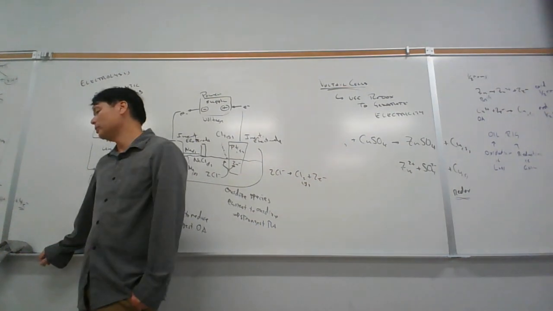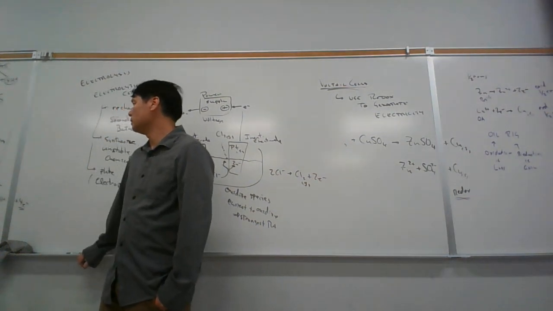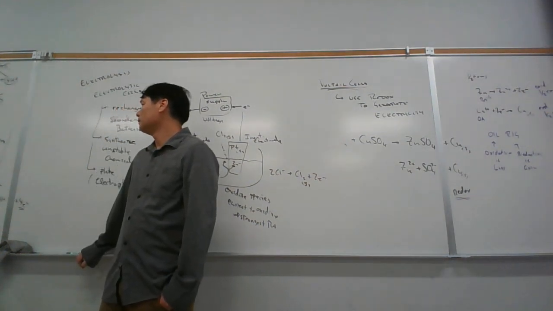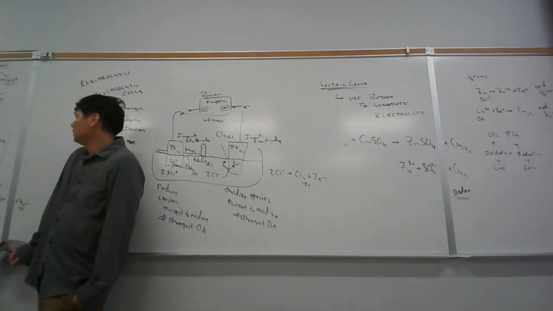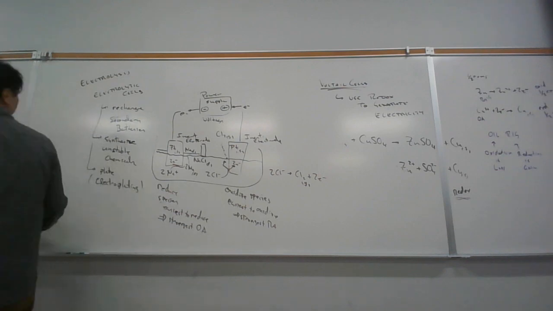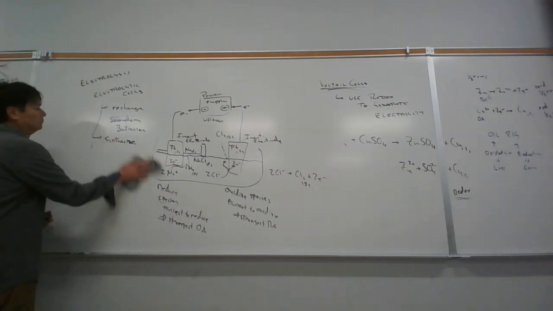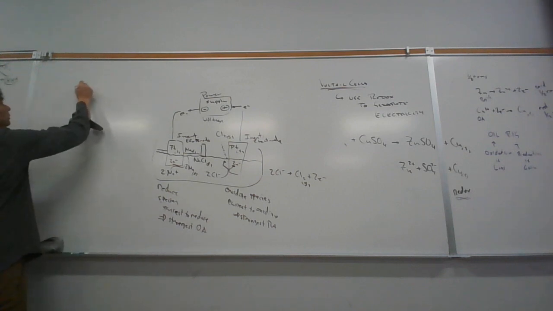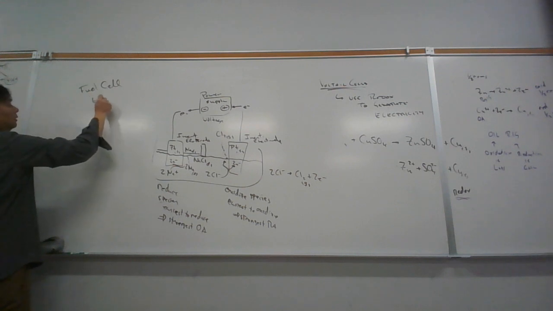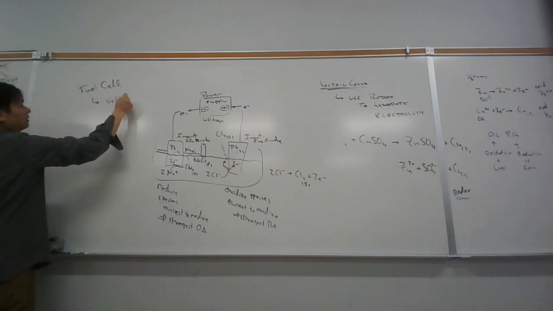And so a lot of people are pushing the hydrogen economy. So, for example, Toyota, they're not really pushing full electric vehicles. They're pushing hydrogen fuel cells. I can talk about fuel cells. Fuel cells are voltaic cells.